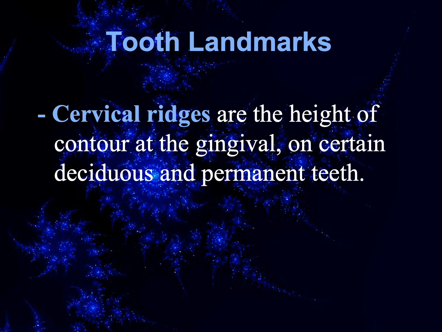The cervical ridges are the height of the contour at the gingiva on certain deciduous and permanent teeth, which means an elevation of the tooth or the crown at the level of the gingiva.